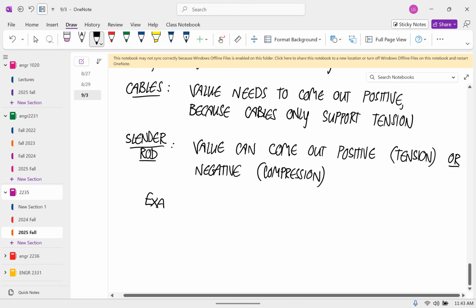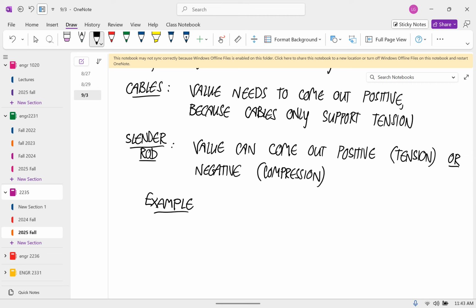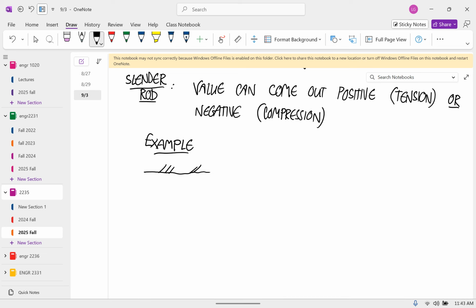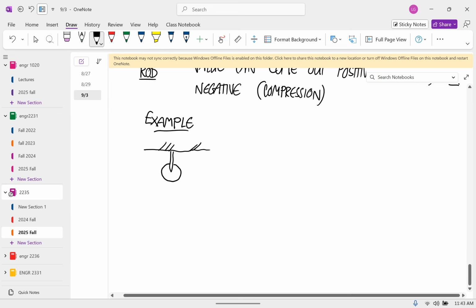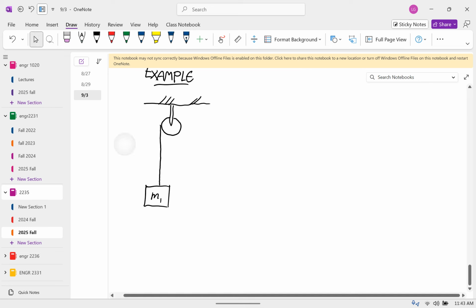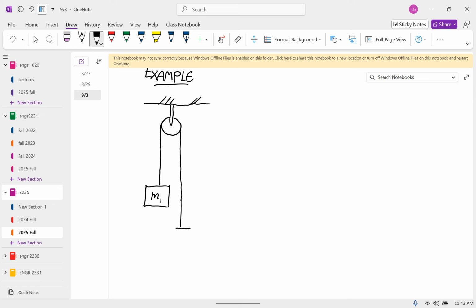Okay, so let's do an example here. Let's say we have a pulley attached to the ceiling, and one side of the cable is attached to a mass M1, and then the other side of the cable is attached to a mass M2.